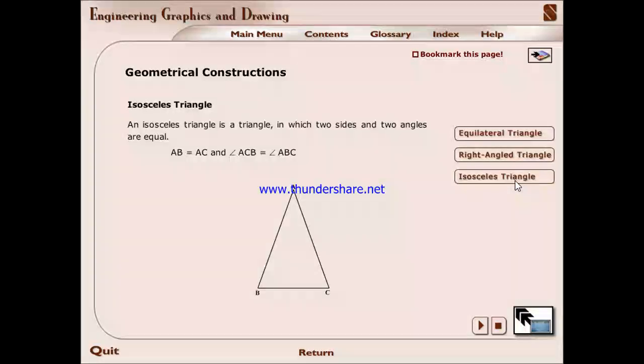Now next, isosceles triangle. An isosceles triangle is a triangle in which two sides and two angles are equal. That is, AB is equal to AC and angle ACB is equal to angle ABC.